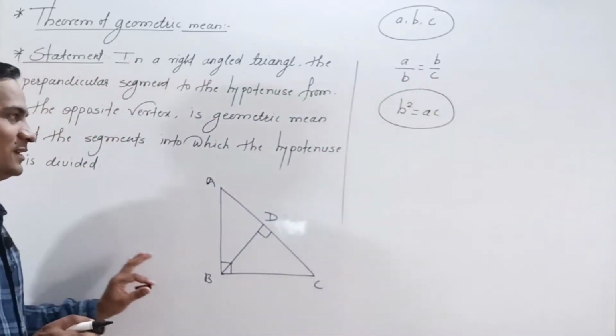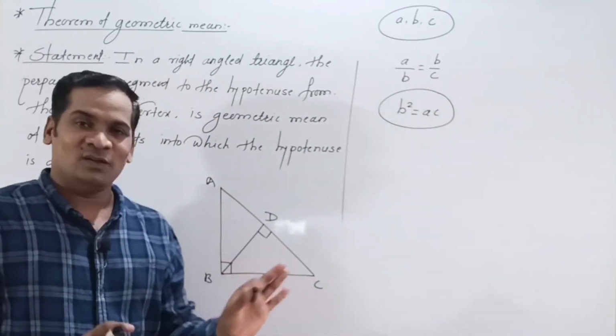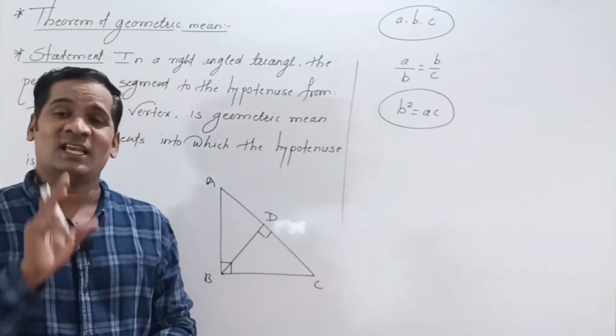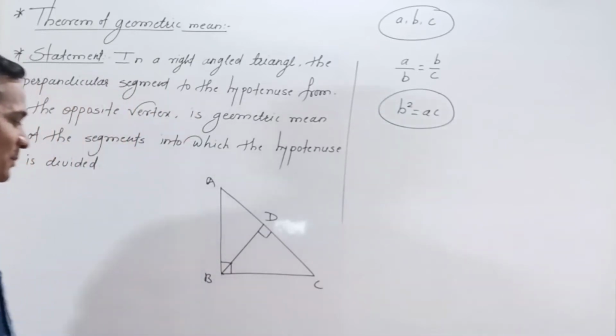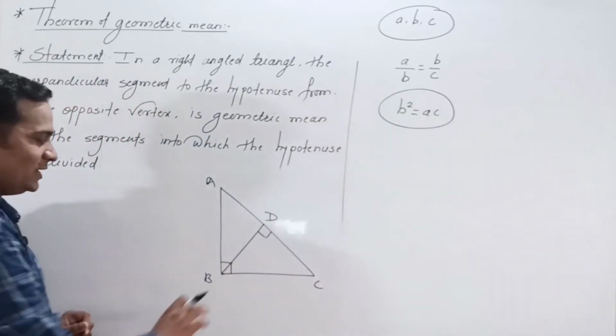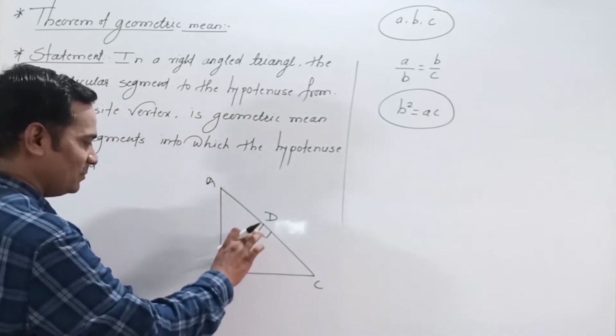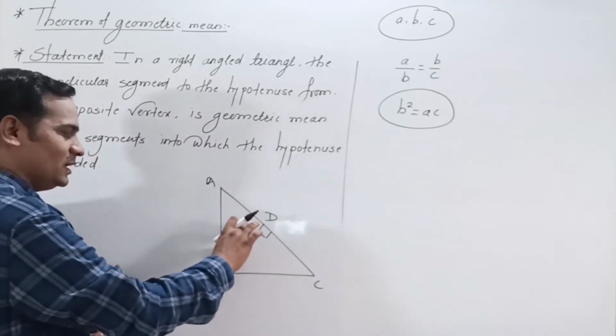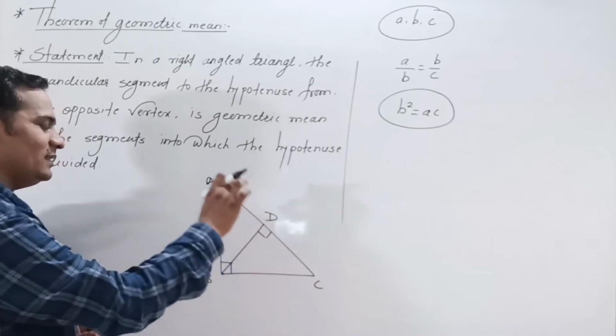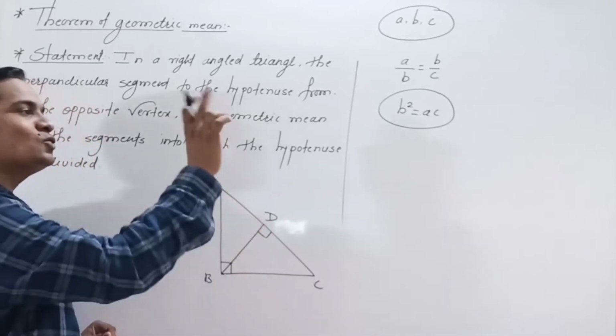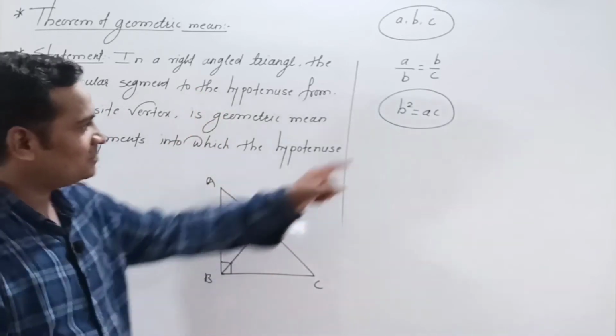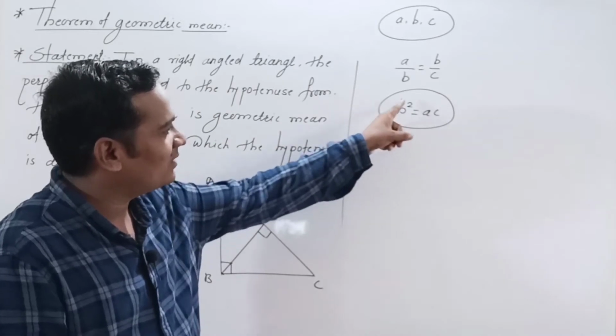But in case of this figure, who is the geometric mean? The segment which is perpendicular to the hypotenuse. Now this segment BD is perpendicular to the hypotenuse, and this BD is the geometric mean. Geometric mean means like this, B square will be there.